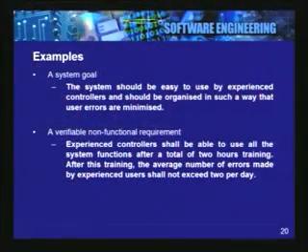So here is an example of the differentiation between a goal and a verifiable non-functional requirement. So the goal is that the system should be easy to use by experienced controllers and it should be organized in such a way that user errors get minimized. And how do you turn this into a verifiable non-functional requirement is that it says that experienced controllers who have a good idea of the domain should be able to catch up to the system functionality with less than 2 days of training, or 2 hours of training in this particular example.